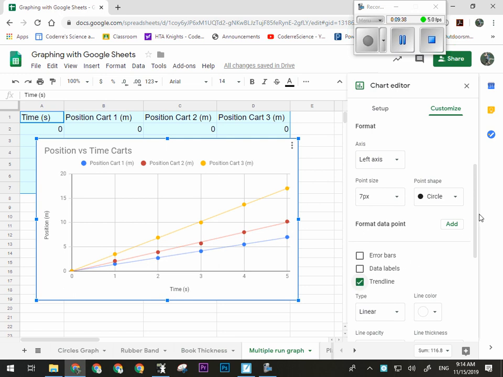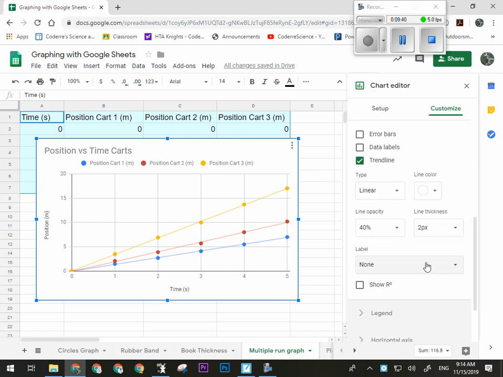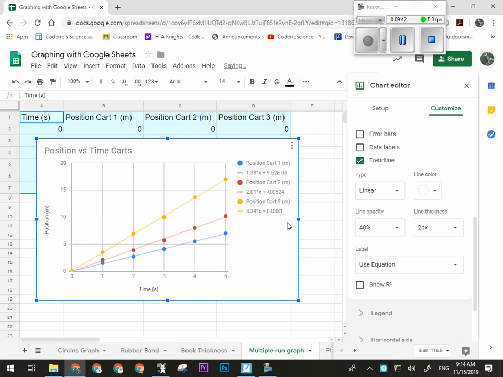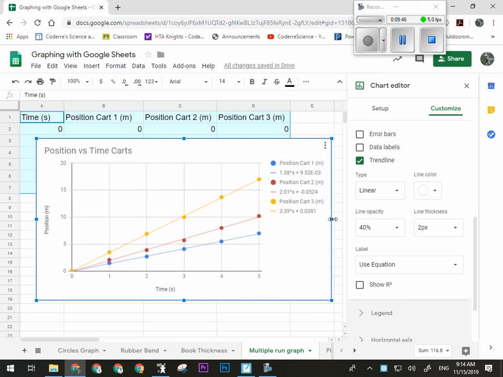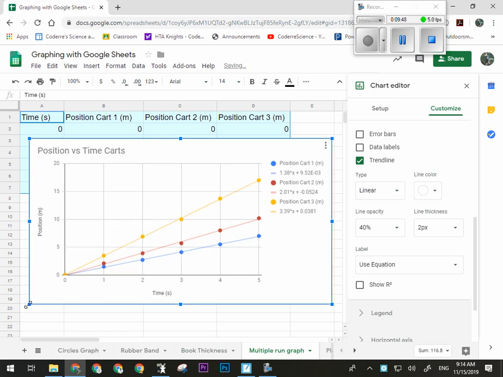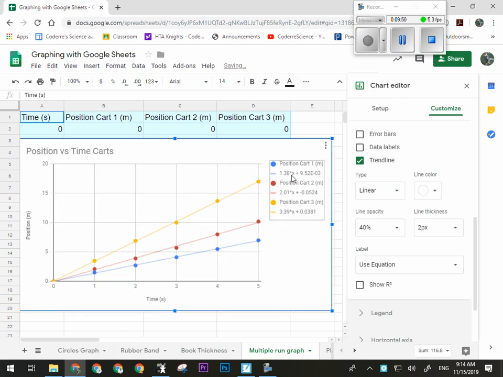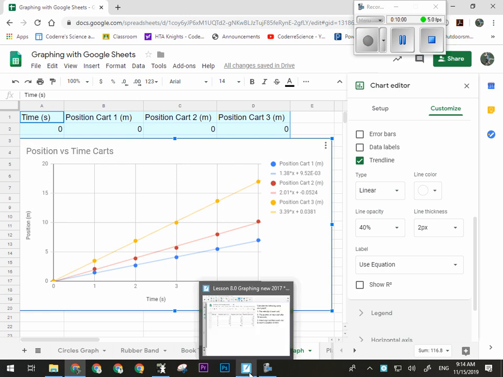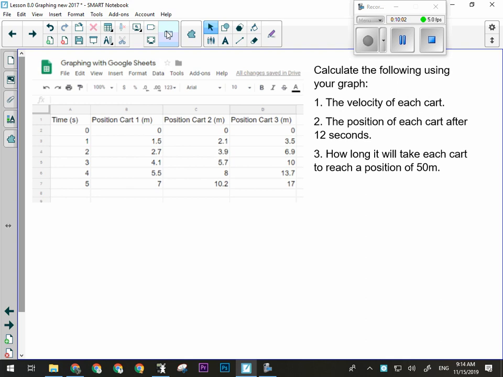Then obviously I want the equation, so I go down here to label, use equation, and it'll pop the legend over to the side, which probably makes more sense. Now I've got my graph built, and I've got my equations for each line. Right with me there? Okay, so I'm just going to copy this over. Got it. And then we'll look at these questions.